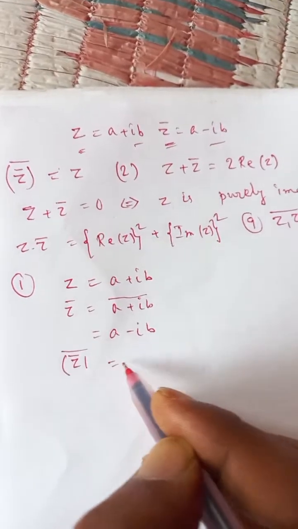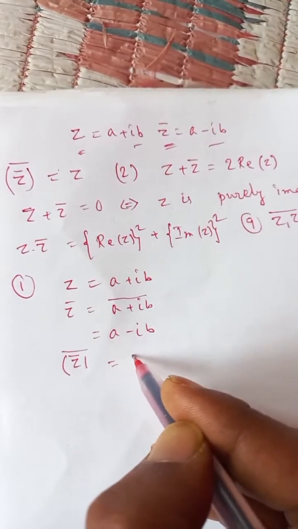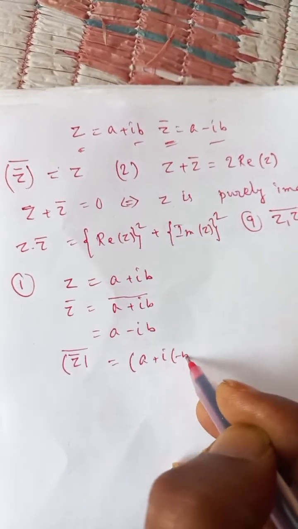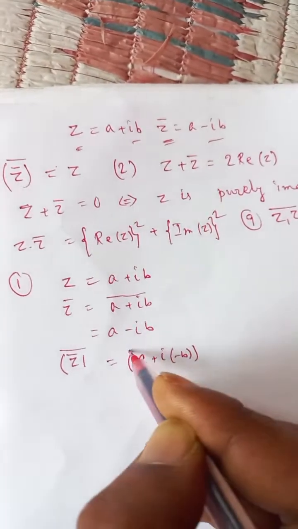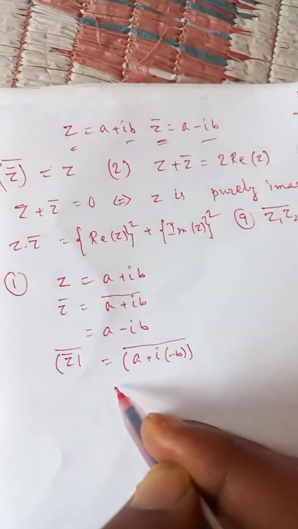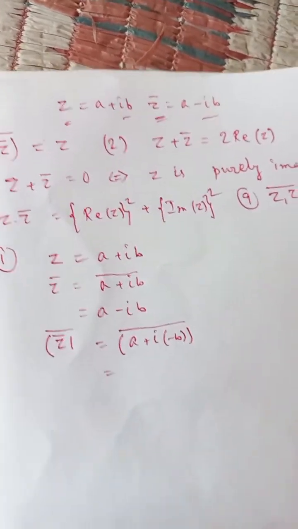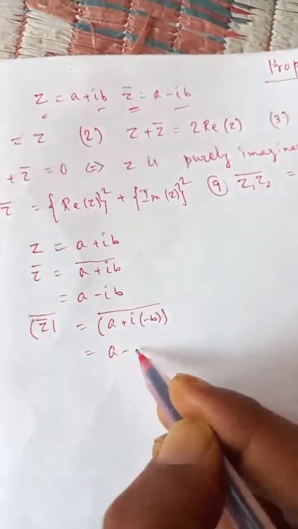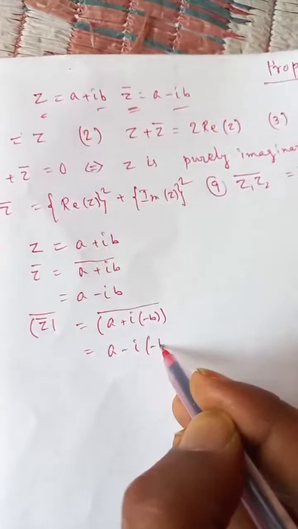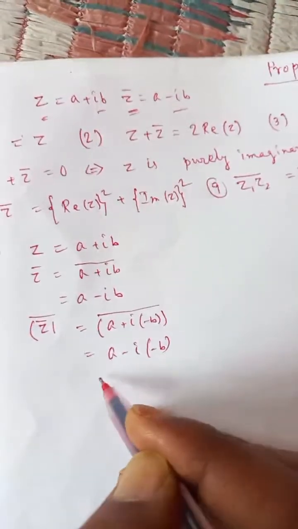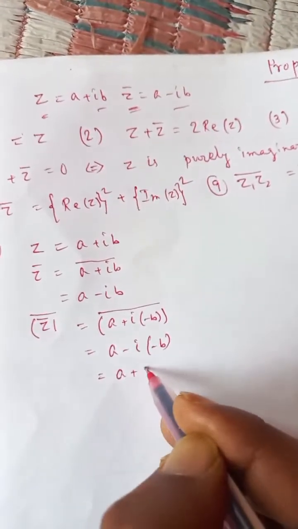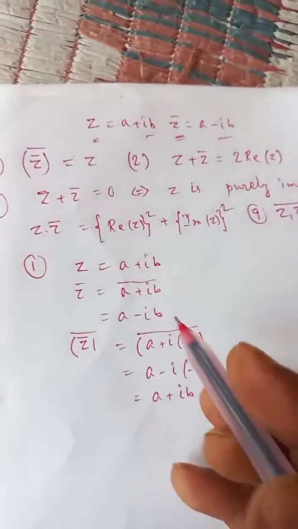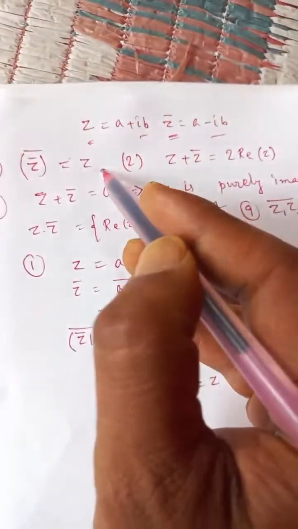So this will be a plus iota minus b, bar, which will be a minus iota minus b. So minus minus will be plus, a plus iota b, which is Z. So this is the first property of conjugate.